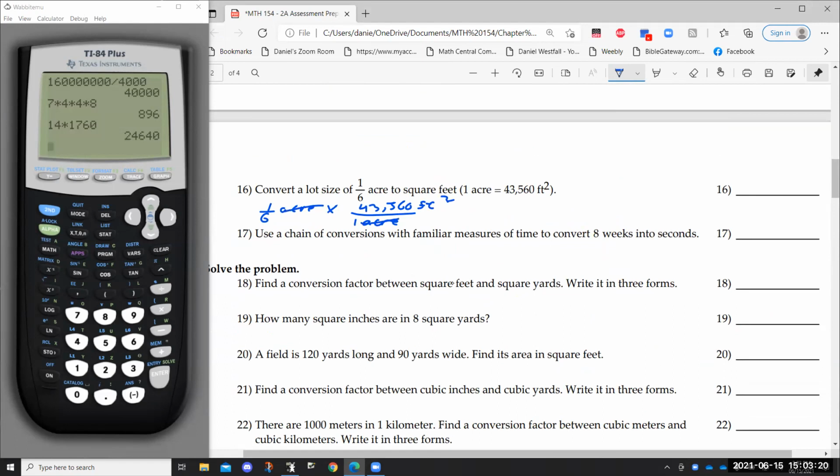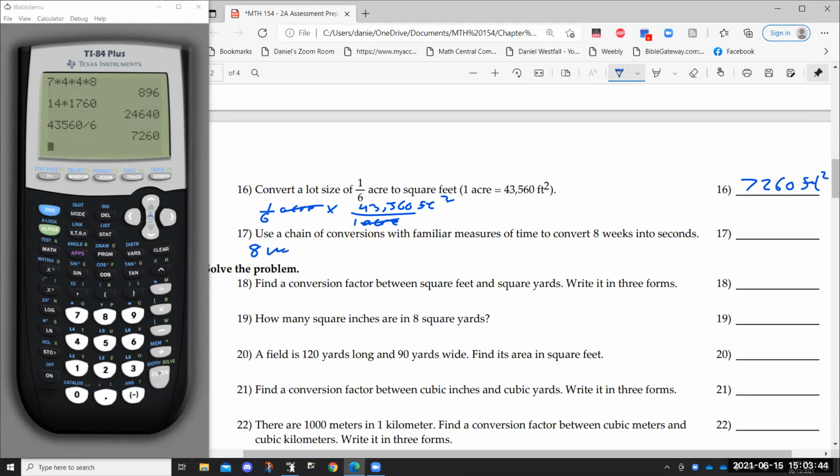Does 6 go into 43,560? Probably. 43,560 divided by 6 is going to give us 7,260 square feet.